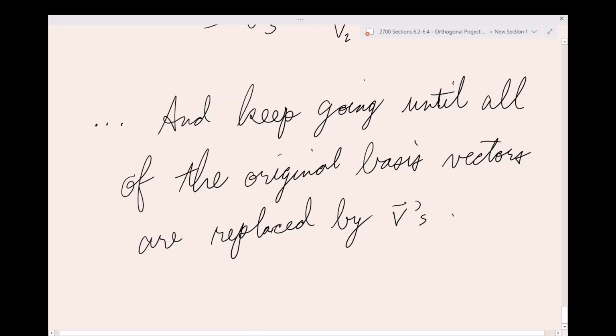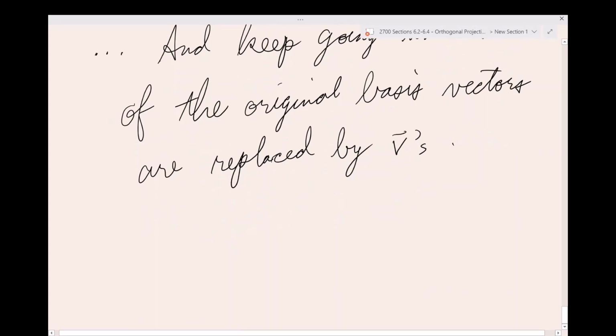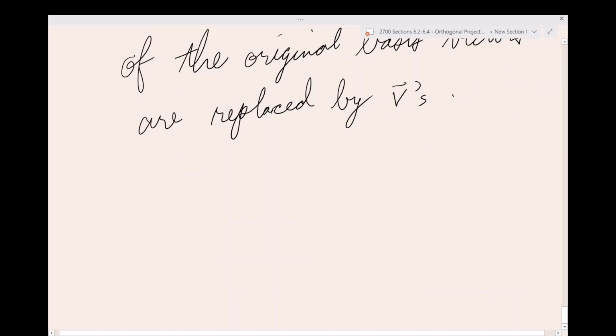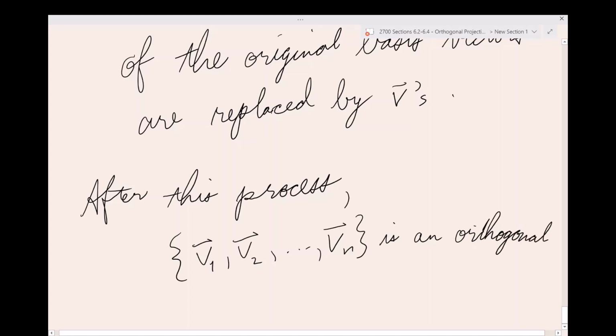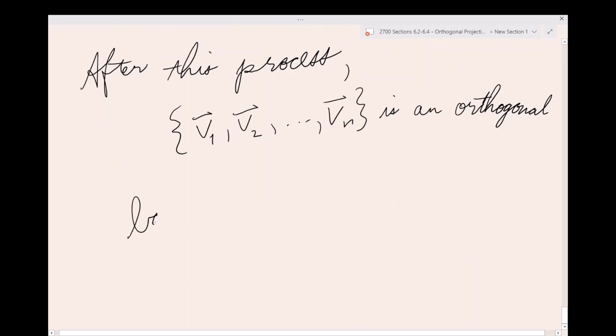So keep going till you replace your un with a vn following this process. So after this process, that new list of what I was calling the v vectors is an orthogonal basis for the same subspace.